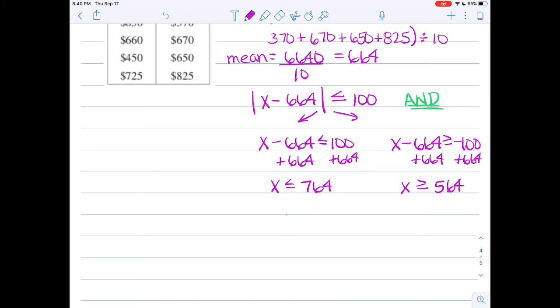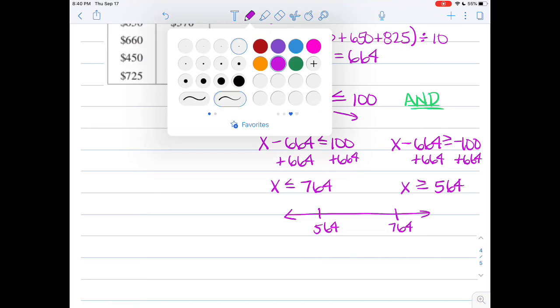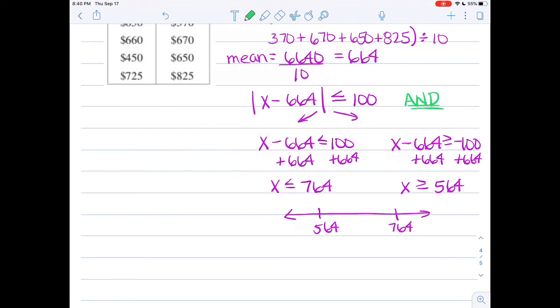We can plot this just like we've done the others. Bigger numbers, but that's okay. $564, $764. And so we are somewhere in between those two numbers. We've got closed dots, and our x, the price that we're willing to pay, is somewhere in between.